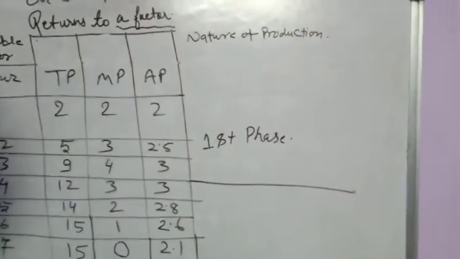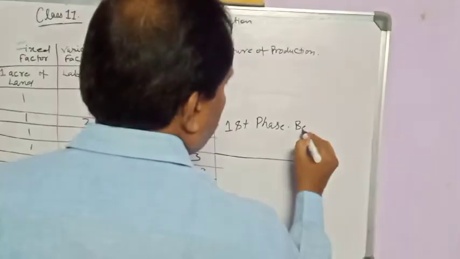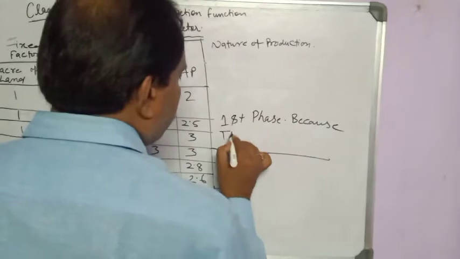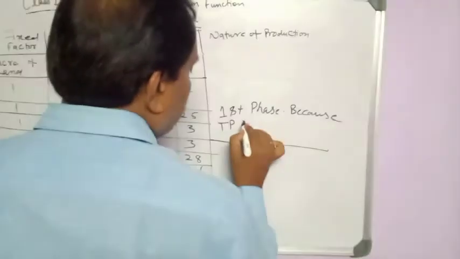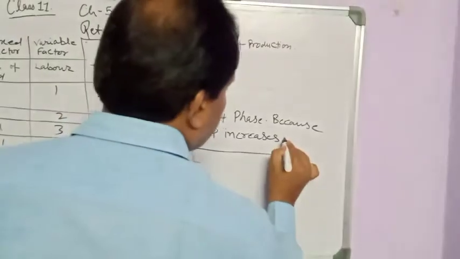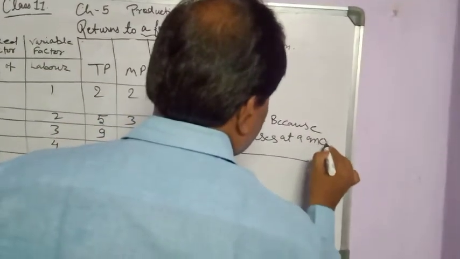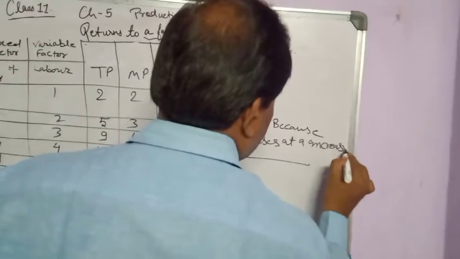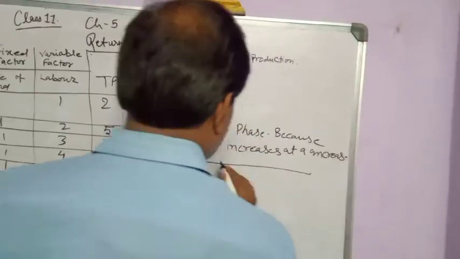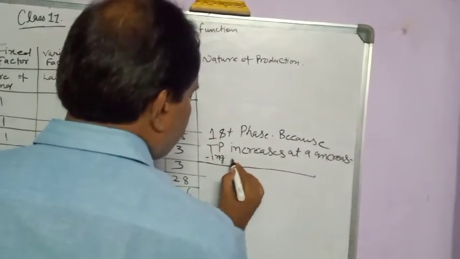Why is it known as the first phase? Because total production increases at an increasing rate.